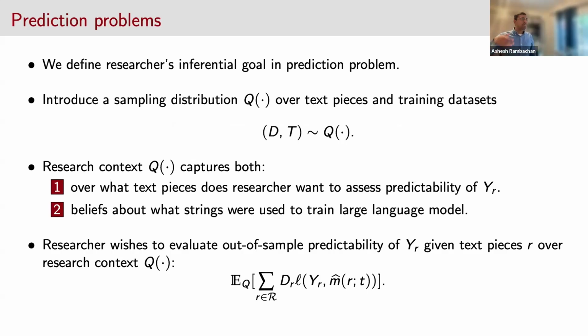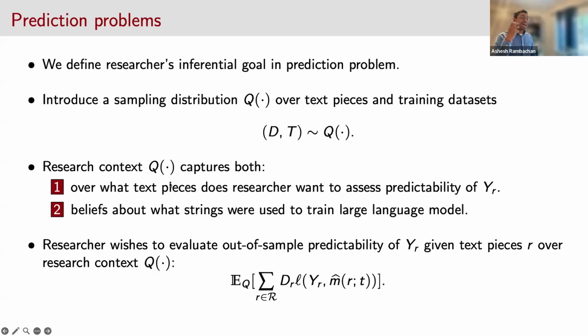So what we do in the paper is we try to introduce sort of a thought experiment that's going to be summarized by a sampling distribution Q, which summarizes a sampling distribution over both text pieces in the researcher's dataset, summarized by D, and possible training datasets that might have been used to produce the large language model. So in other words, the sampling distribution Q is going to capture two things.